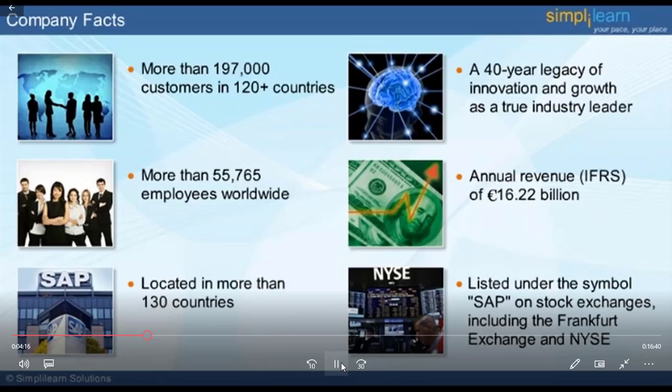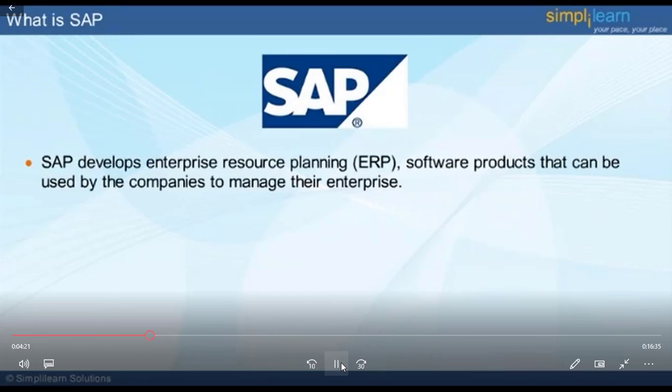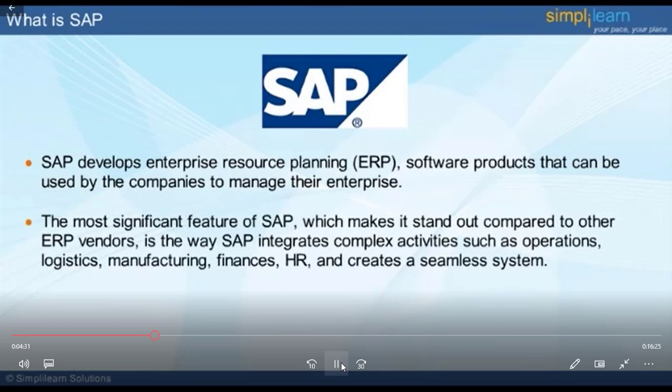Let us begin with understanding the concept of SAP. SAP develops enterprise resource planning, ERP, software products that can be used by companies to manage their enterprise. The most significant feature of SAP, which makes it stand out compared to other ERP vendors, is the way SAP integrates complex activities such as operations, logistics, manufacturing, finances, HR, and creates a seamless system.